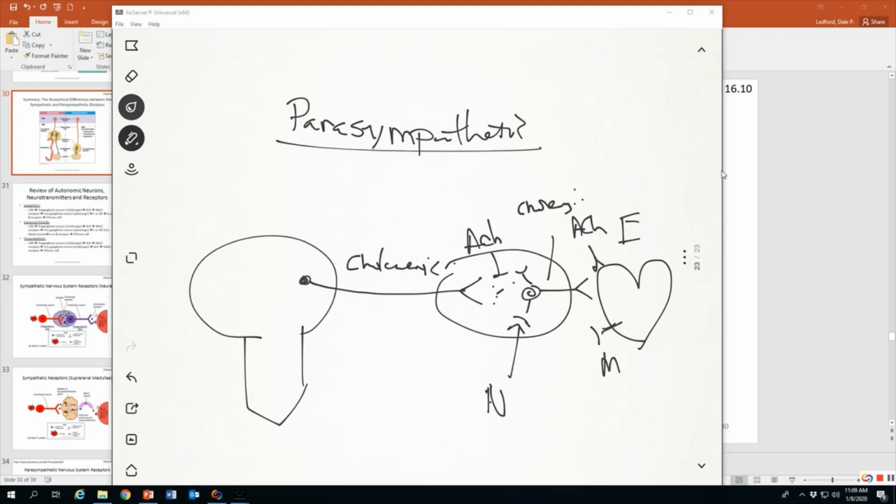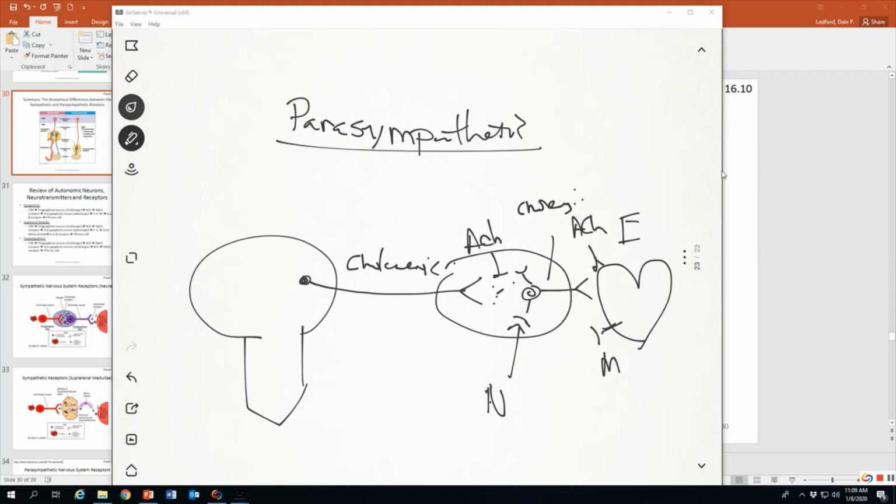Parasympathetic keeps the heart slowed down, and sympathetic keeps the heart rate high. Together, if these are released in small amounts, there is autonomic tone and a normal resting heart rate. But if you're in crisis, sympathetic stimulation takes over, parasympathetic is inhibited, and the heart rate goes up.